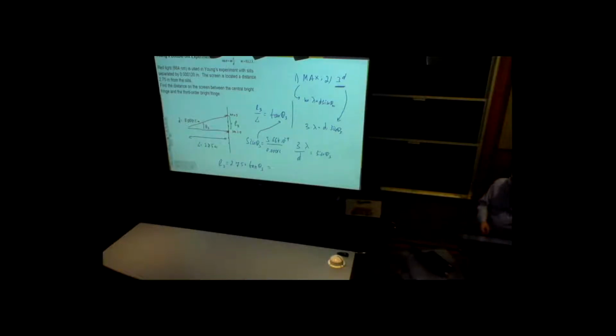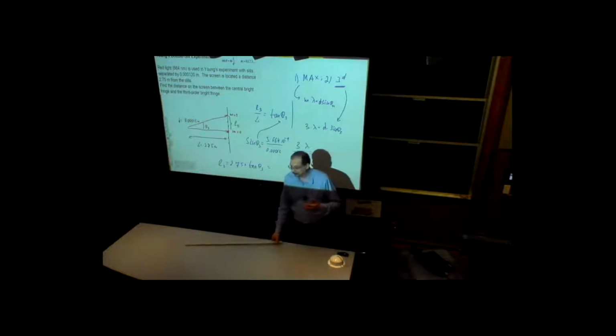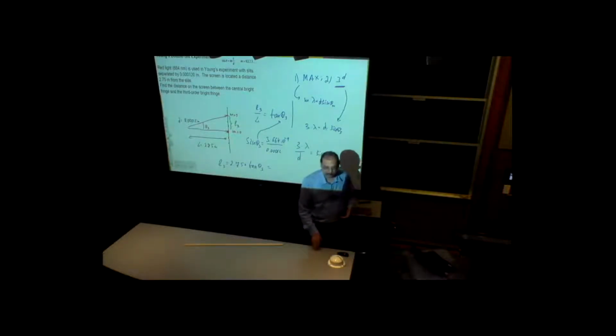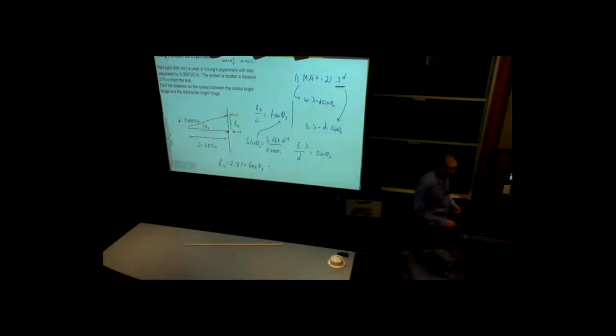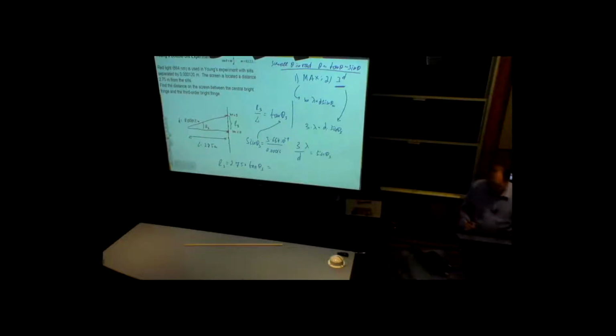However, I'm not going to do that because I know a secret. It's been passed from a physicist to a physicist for generations. For a small angle measured in radians, there is practically no difference between values of sine of this angle, tangent of this angle, and the angle itself.